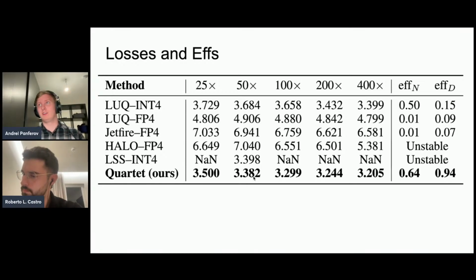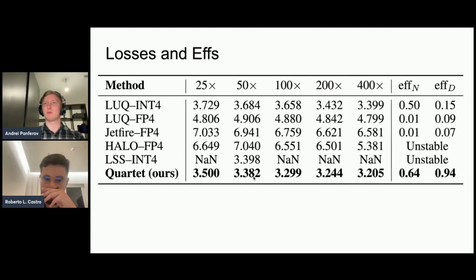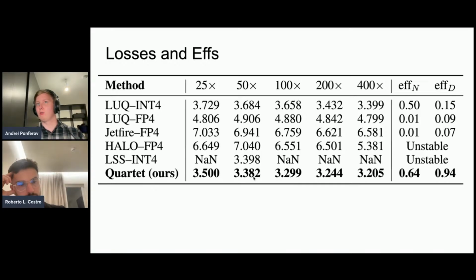We obtain the efficiency factors, and from these efficiency factors, we can see that Quartet, the composite method we designed with these scaling laws in mind, using the latest available methods that came out within the last 6 months, beats all of the existing baselines, such as LUQ, Jetfire, Halo, and LSS, and in general, this is the best you can get for 4-bit training at the moment.